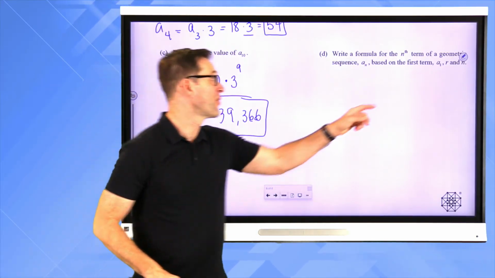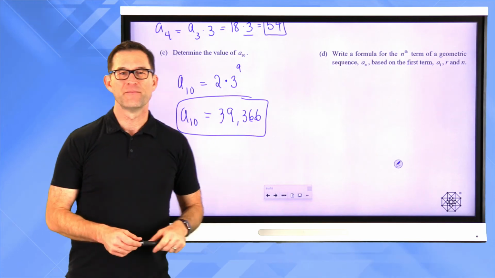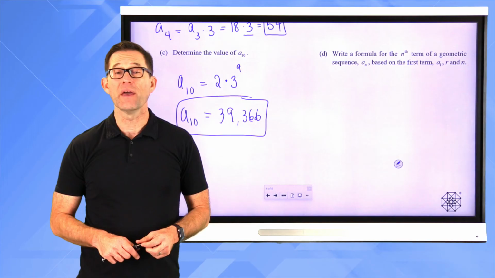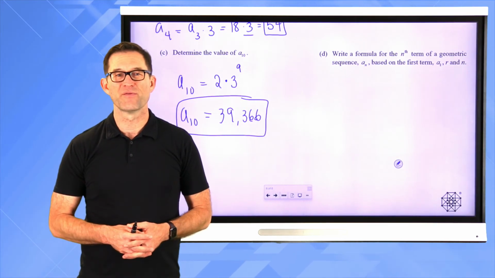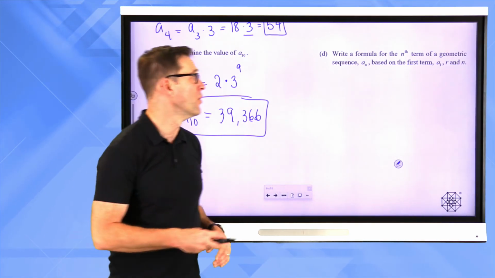And just like with our arithmetic sequence, let's take a look at letter D. Write a formula for the nth term of a geometric sequence a sub n based on the first term, a1, r, and n. Okay, go ahead and try to come up with this formula. All right, well, here we go.